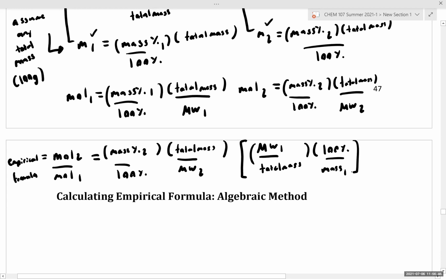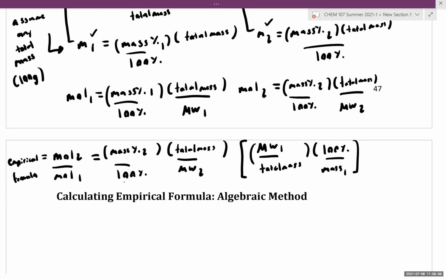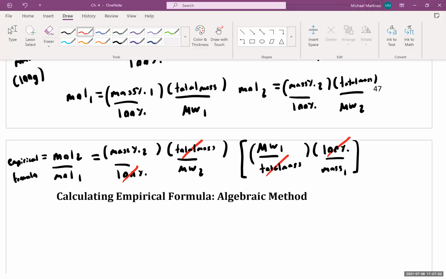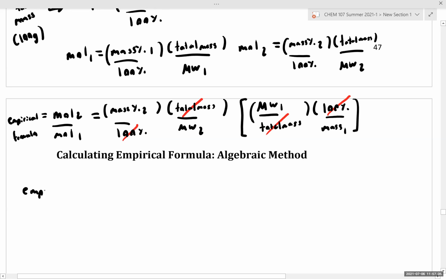Now, as we can see, we notice something very interesting. The total mass and this 100% value cancel out when we look at our mole-to-mole ratio. Thus, we get for our empirical formula, which is our mole-to-mole ratio, the empirical formula can be calculated from the mass percentage and molar mass.